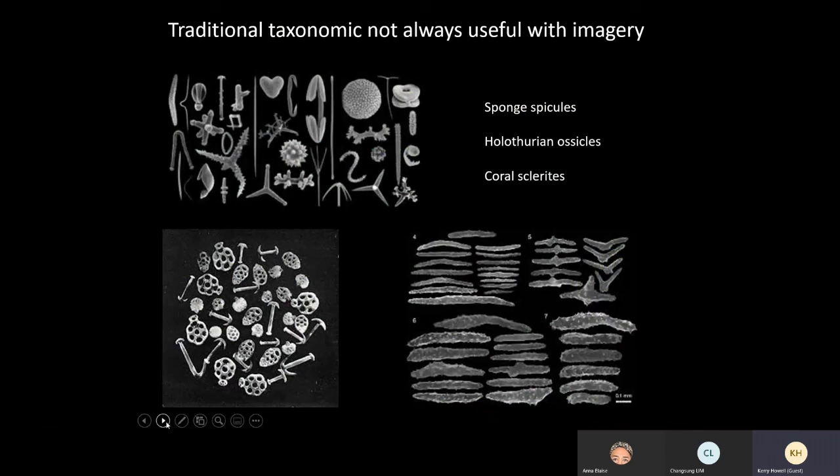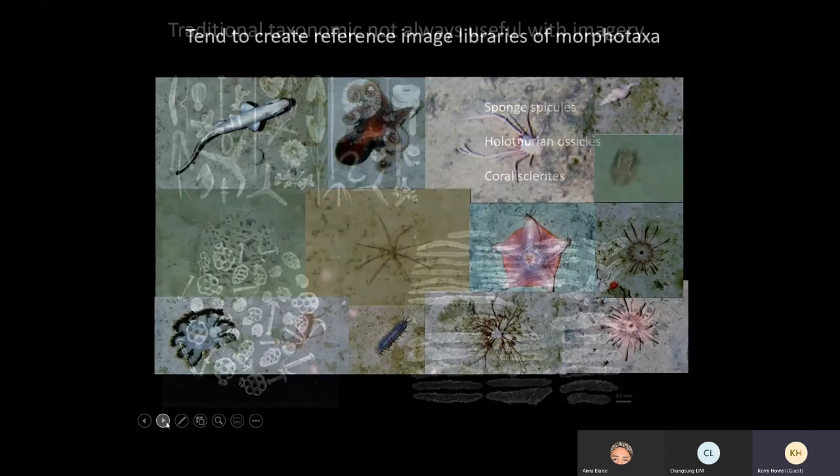And they often rely on microscopic parts, for example, sponge spicules or holothurian ossicles or coral sclerites, as a means to confirm identification of a species. And these things are obviously not visible from imagery. What it means is there is a lack of keys to identifying organisms using image-based data.